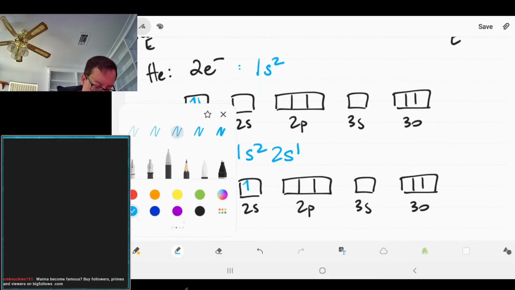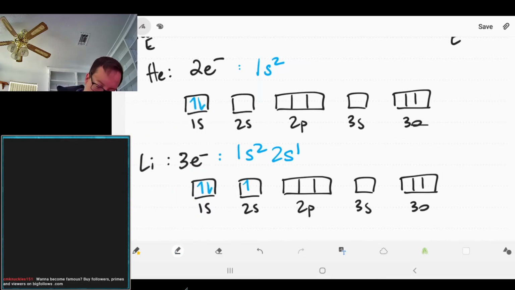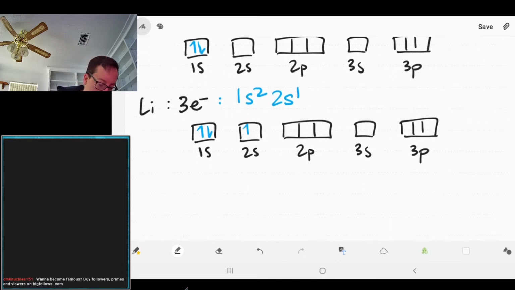Oh, what is this? The P's have been cut off. Okay. So, that's our lithium. I'm going to skip beryllium because it's the same old business. Let's skip over to boron. Boron has 5 electrons.